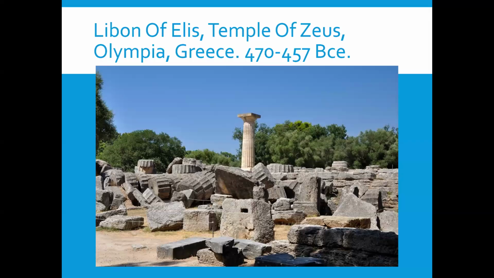The classic time period is the time of the dramatists Sophocles and Euripides, the historian Herodotus, the statesman Pericles, the philosopher Socrates, and many famous artists. What we're looking at on the slide is the Temple of Zeus at Olympia.